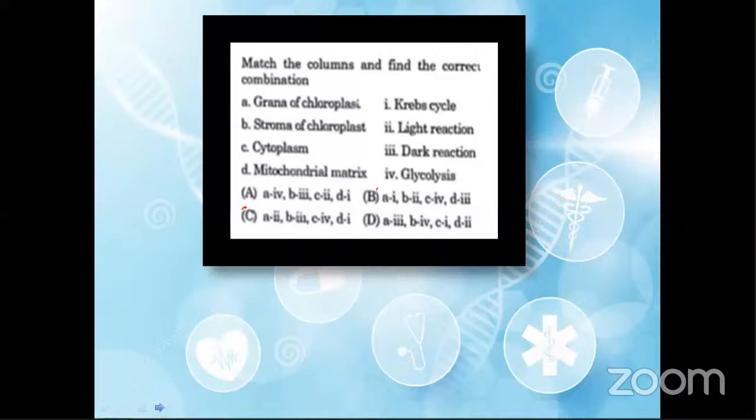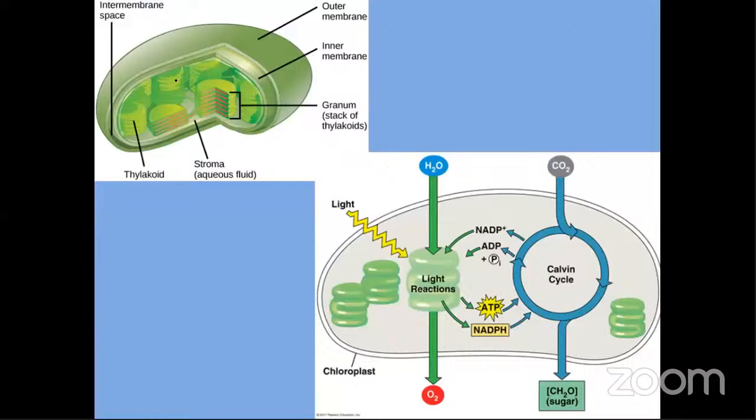Okay, let's start. Now, when we think about the grana and the stroma of the chloroplast, this is the chloroplast. What does it have? It has this fluid which is called the stroma, and it has the grana or granum, which is a stack of thylakoids.